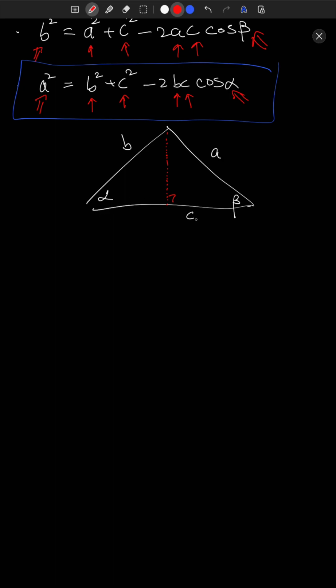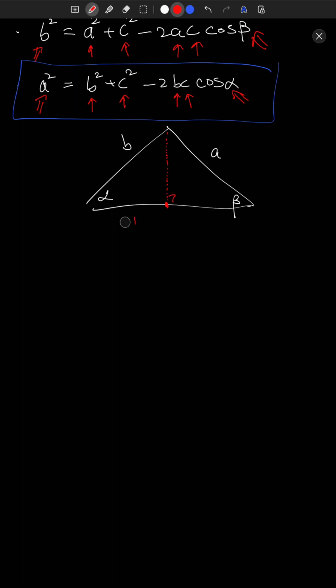Because I have this right triangle, I actually have two sides. I've split C into two pieces, so I'm going to name the pieces. I'm going to name this first piece C1.